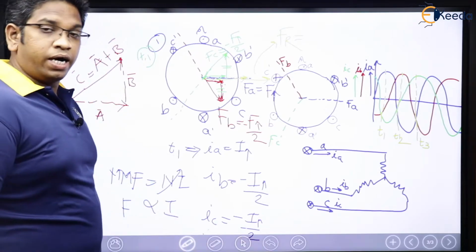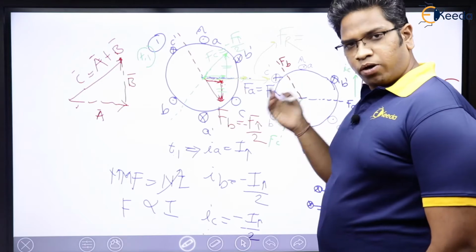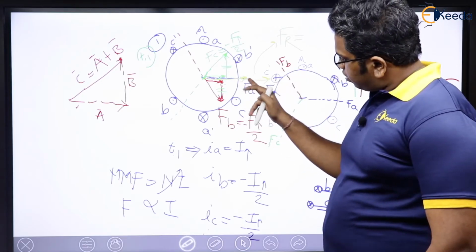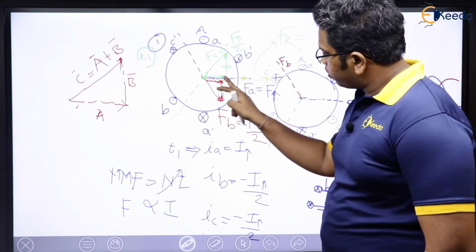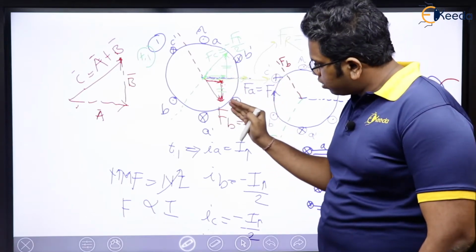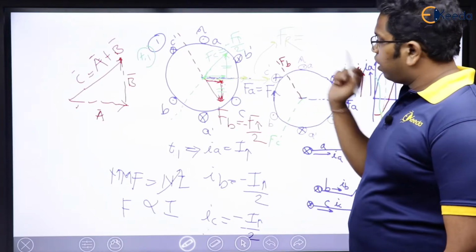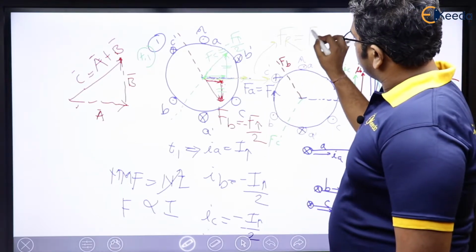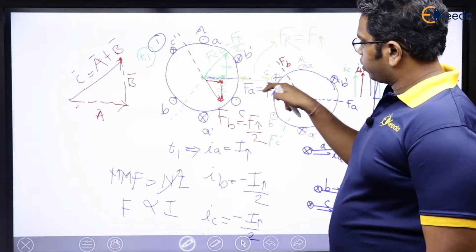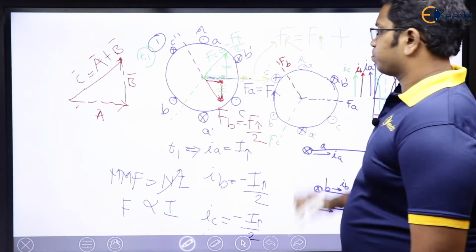Now I need to do something. This is F resultant. F resultant will be, of course, greater than F maximum. Why? Because horizontal component of FC is also there and horizontal component of FB is also there. So FR is equal to what? F maximum, this particular F maximum plus.